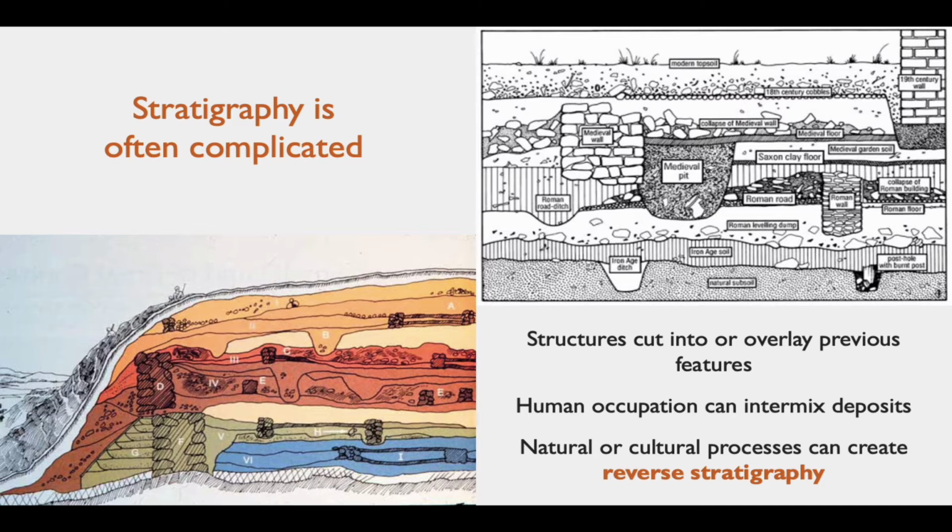There's also natural or cultural processes that can create what we would call reverse stratigraphy. So even though this is the sequence of layers as they progress through time, perhaps some sort of huge erosion activity would come through here, and if it cut all this out, you would see the orange layers coming downhill being deposited first, then the red on top of those, green, blue. Well, suddenly you have reverse stratigraphy, and you would need to look for more information in order to determine that.